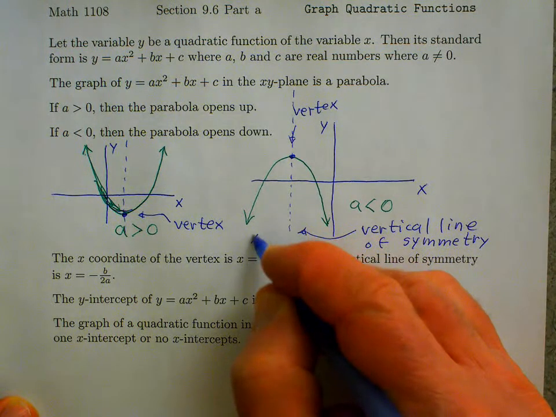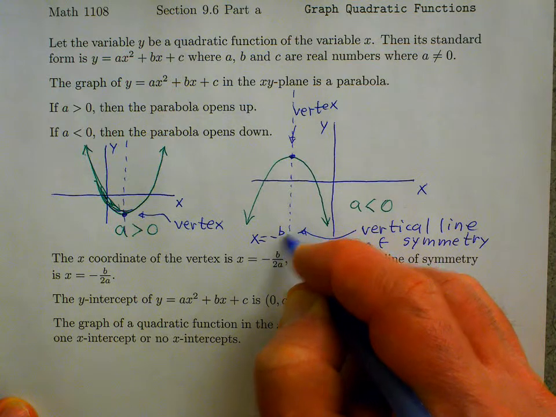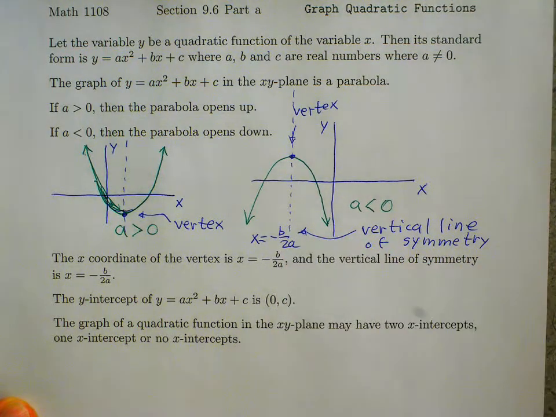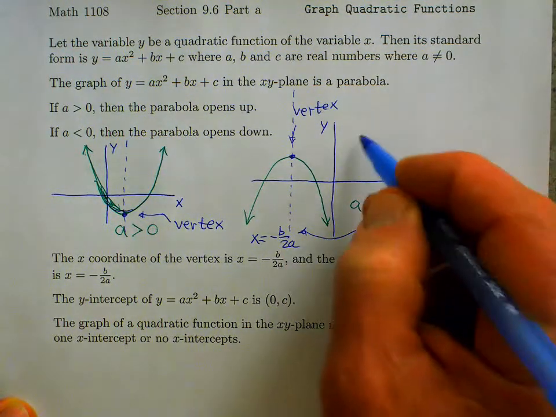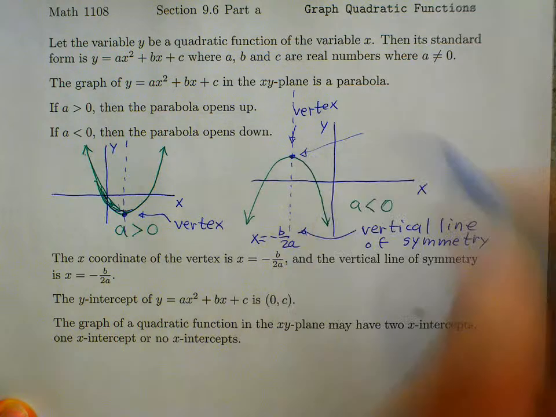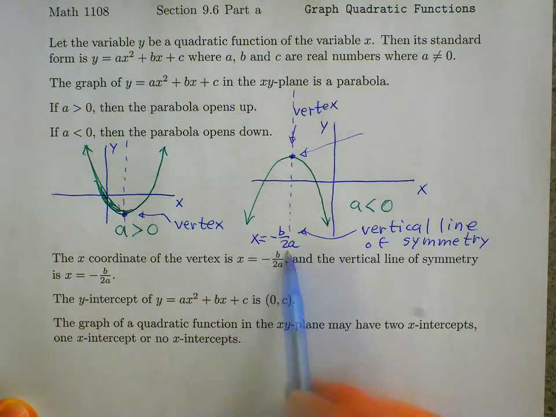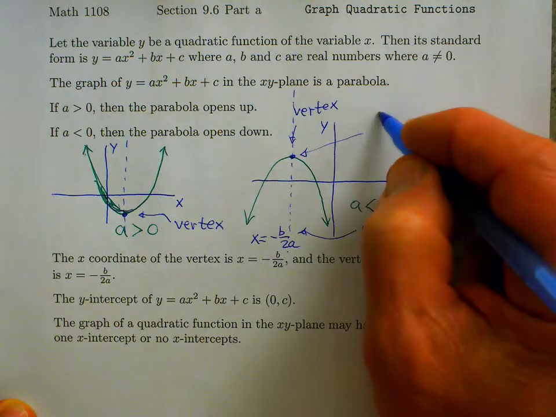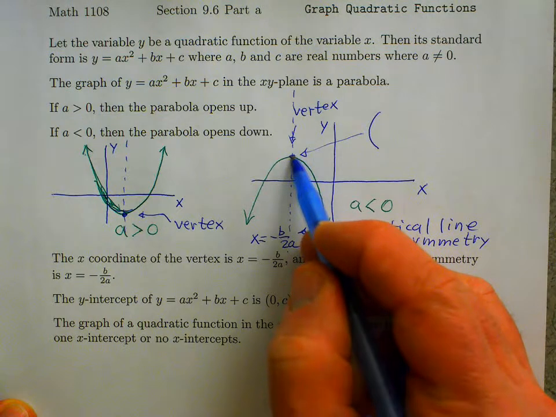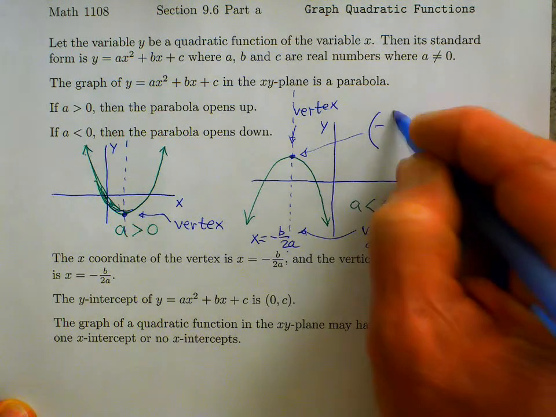And that same number, negative b over 2a, is the x-coordinate of the vertex.